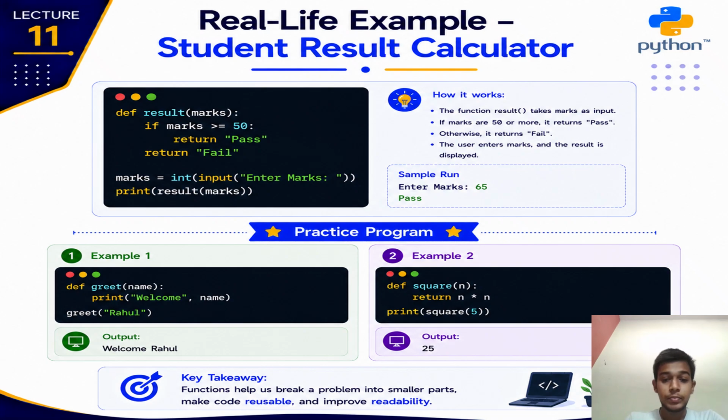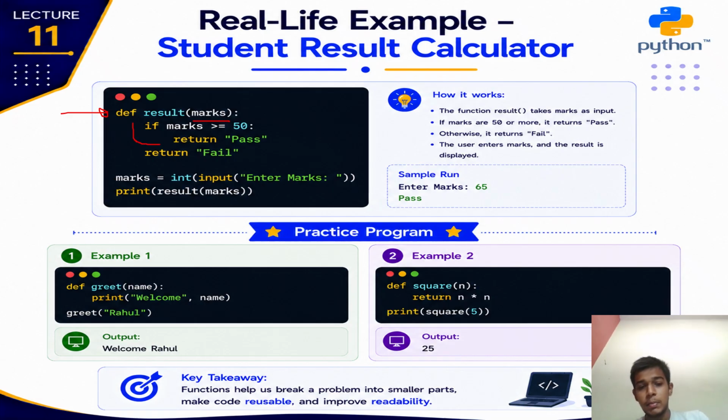First, look at the function. This line, def result, and the parameter passed is marks. Here we create a function named result. It accepts only one parameter, marks. This parameter will store the marks entered by the user. Now, in the next line, we are writing a condition.